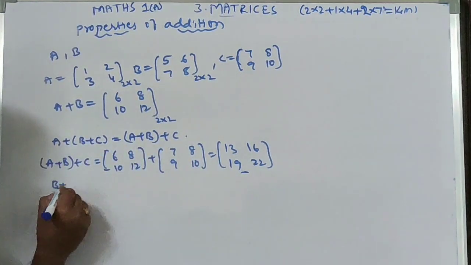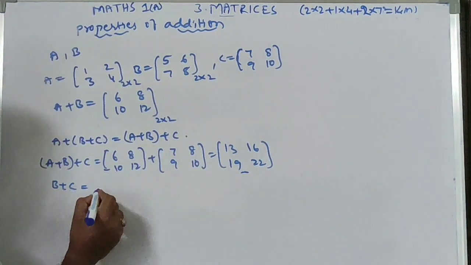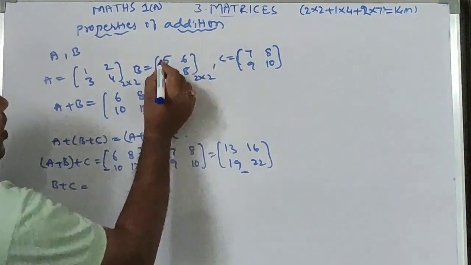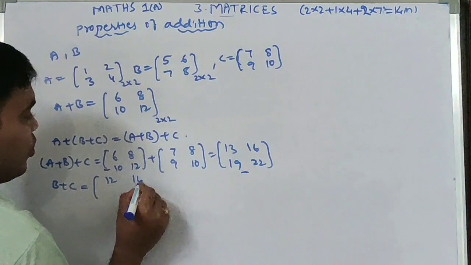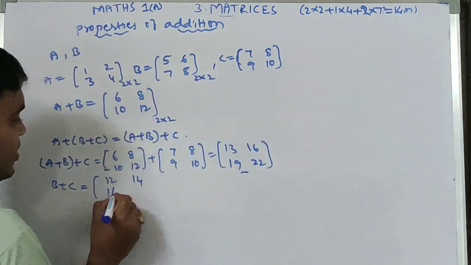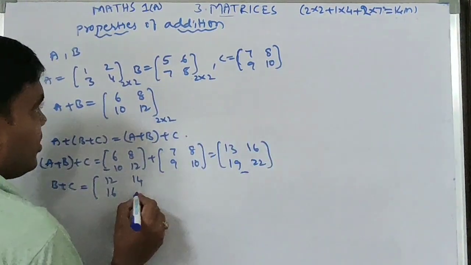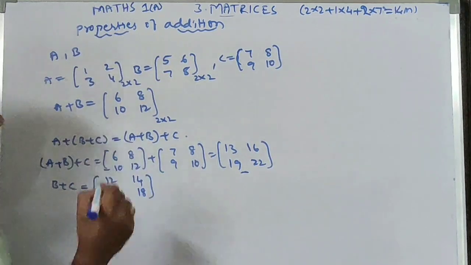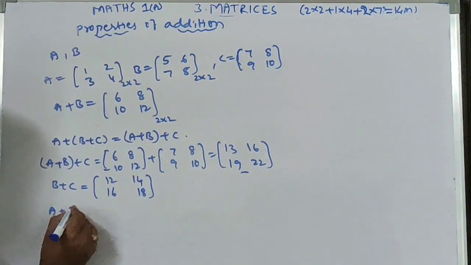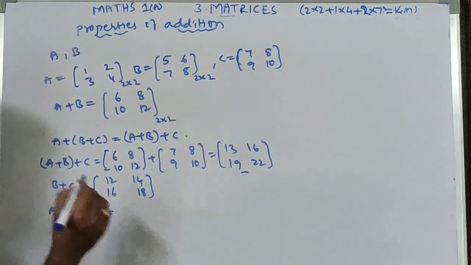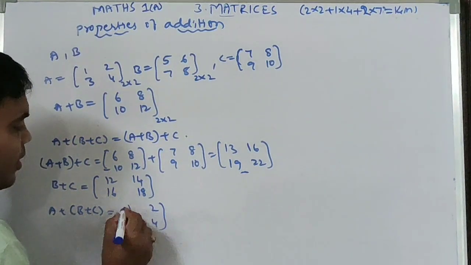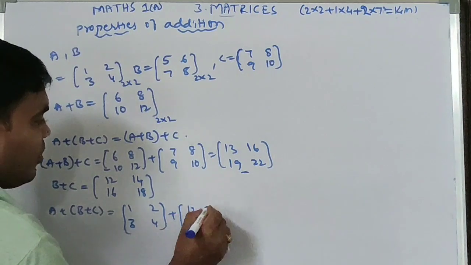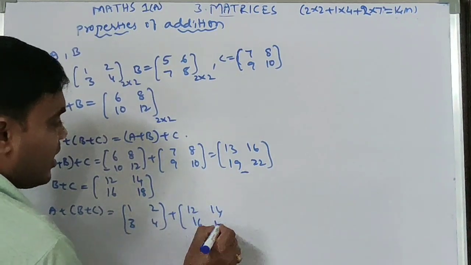Now the left side, B plus C. Adding these two: 5 plus 7 is 12, 6 plus 8 is 14, 7 plus 9 is 16, 8 plus 10 is 18. So this is B plus C. Now A plus (B plus C) equals A, 1, 2, 3, 4, plus 12, 14, 16, 18.